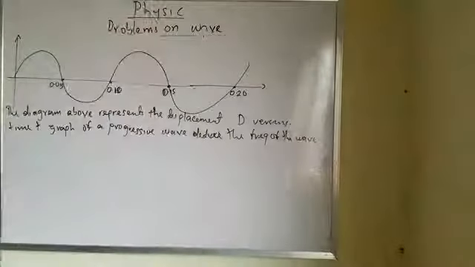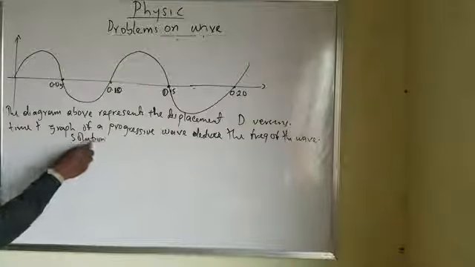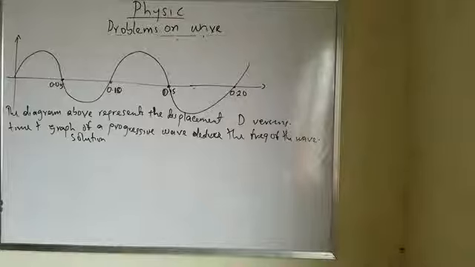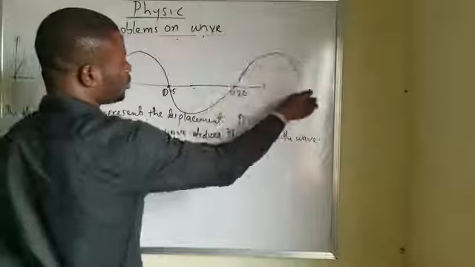Now look at this question. The first thing I need to do is find my wavelength, from what is given. Let me add another one to this part to be very accurate.